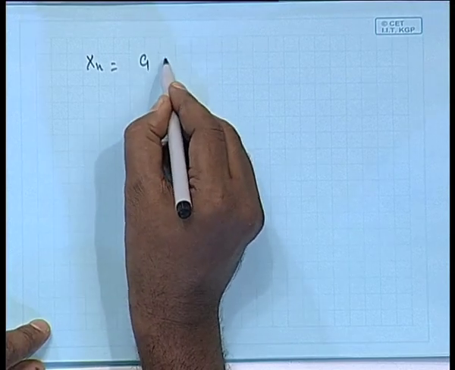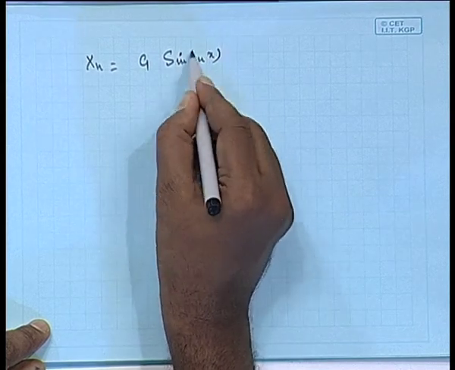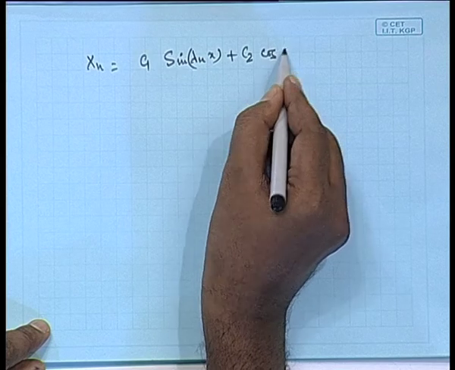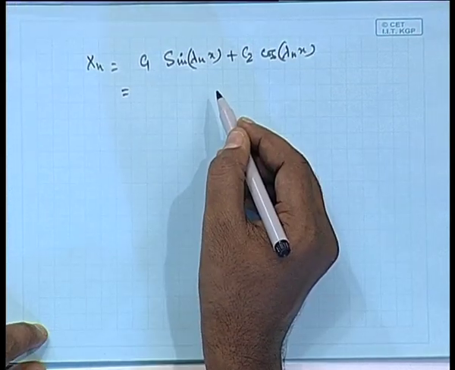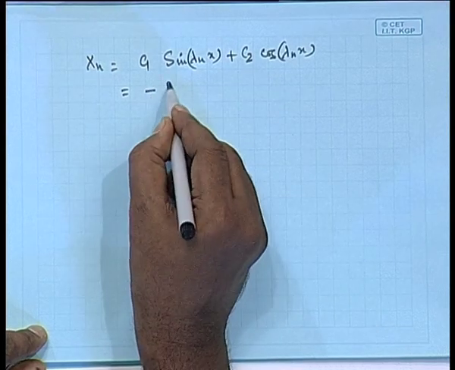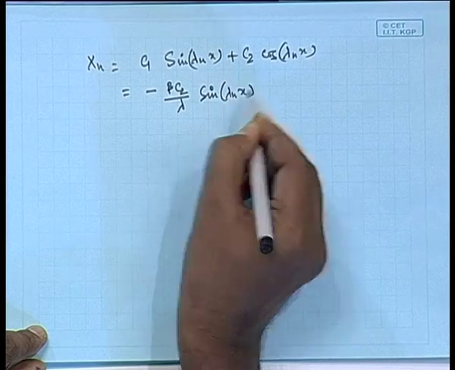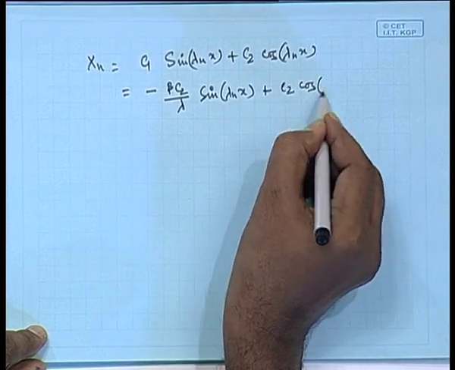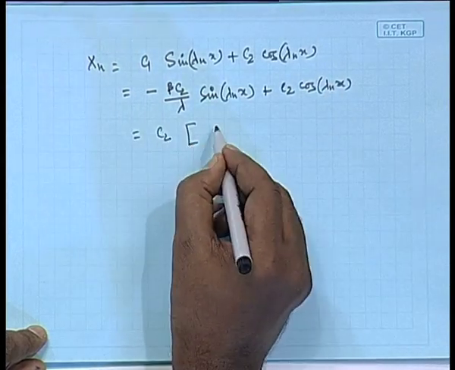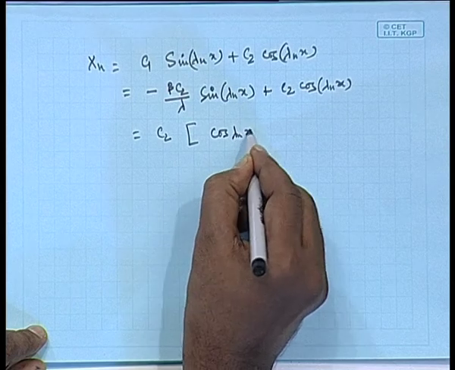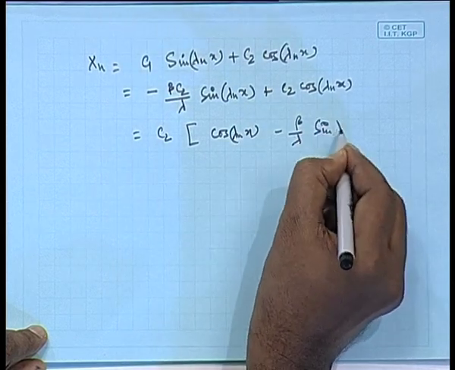So it will be C1 sin lambda n x plus C2 cosine lambda n x, and C1 is minus beta C2 by lambda. So C2 will be common: cosine lambda n x minus beta by lambda sin lambda n x.